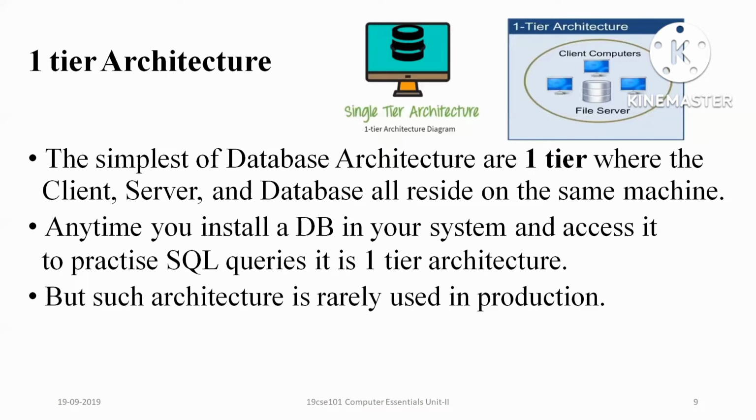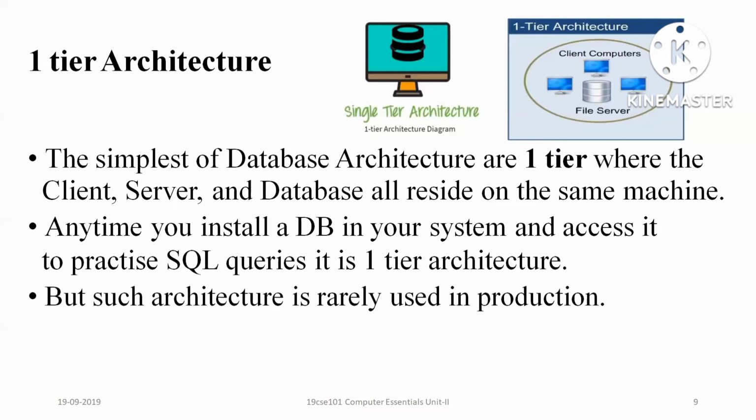In short, one tier architecture means client, server, and database all lie on the same machine, right? All lie on the same machine. Now we can take an example. We will install Oracle, that is a database, in our computer or laptop to practice SQL queries.